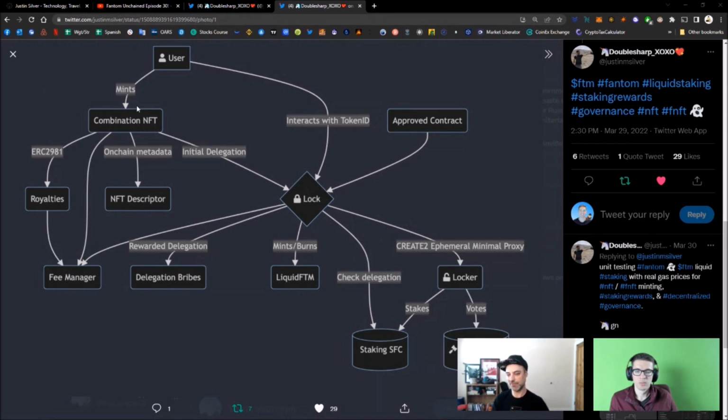So if you think of it, that token ID is now the abstraction to the user, because if I mint that token ID, when I interact through the lock with it, it's my actions on it, but I can transfer that token ID to you, and now you can perform those actions because you own that NFT.